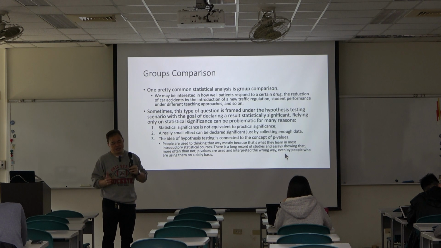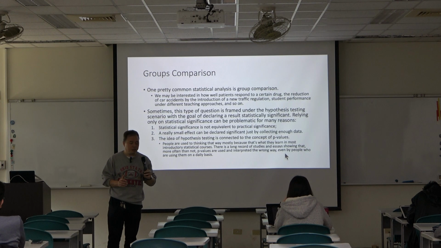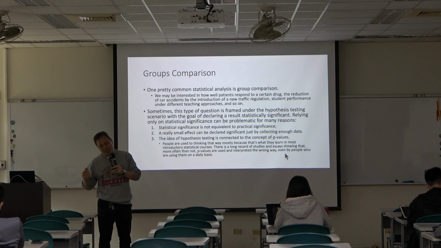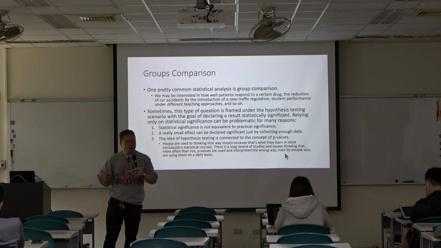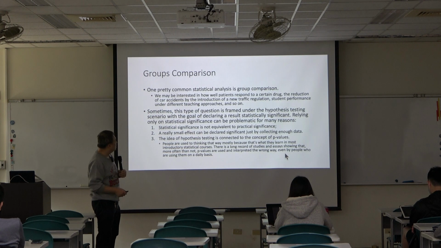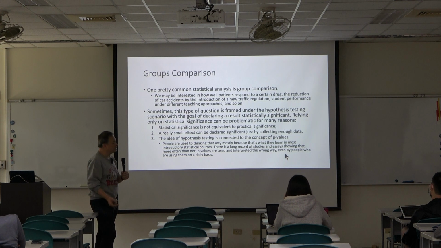The first group is before this regulation is in place, what is the situation? And after we have this regulation, what is the new situation? We compare these two groups to see if this new traffic regulation really works or not.